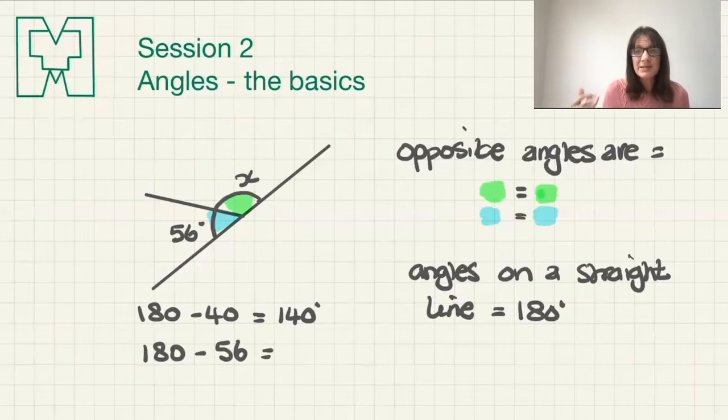But one step at a time, learn the facts, get confident, and then go, right, I'm going to try it without a calculator now. So 180 take away 56 is 124 degrees.